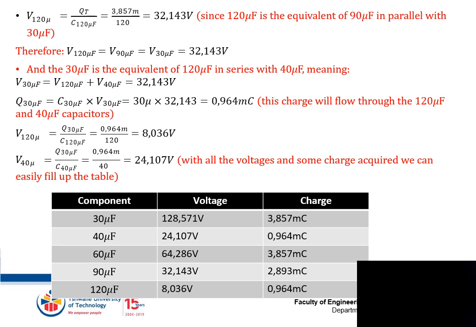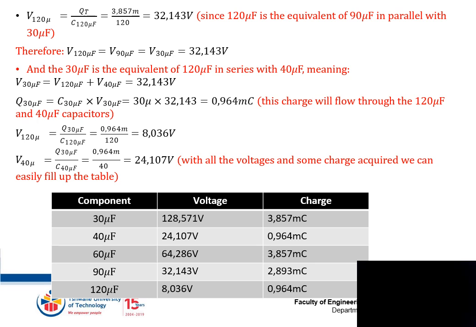Since the 120 is equivalent to the 90 microfarads parallel to 30 microfarads, therefore the voltage of 120 will be equals to V of 90 and V of 30 microfarads, which is 32.143. And the 30 microfarad is equivalent to 120 microfarads in series with 40 microfarads, meaning that V30 will be equals to V120 microfarad plus V40 microfarads, which is the 32.143 volts.